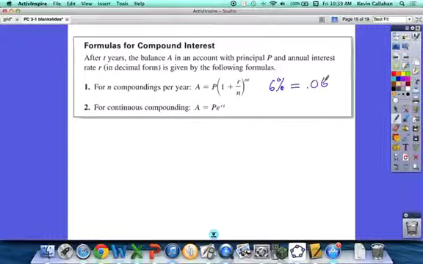In the formula, you need to enter in the decimal. This is NT, this is RT.